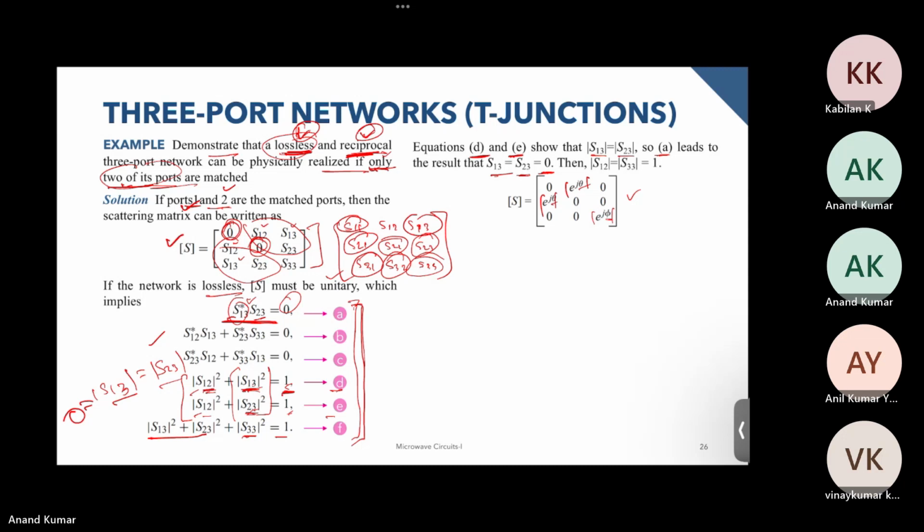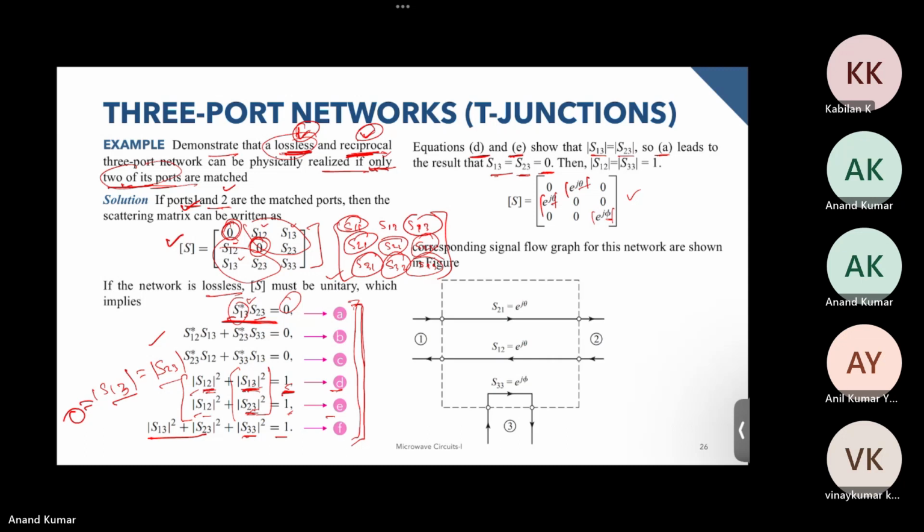And for this particular S matrix, we can also draw a signal flow graph. It will look something like this.